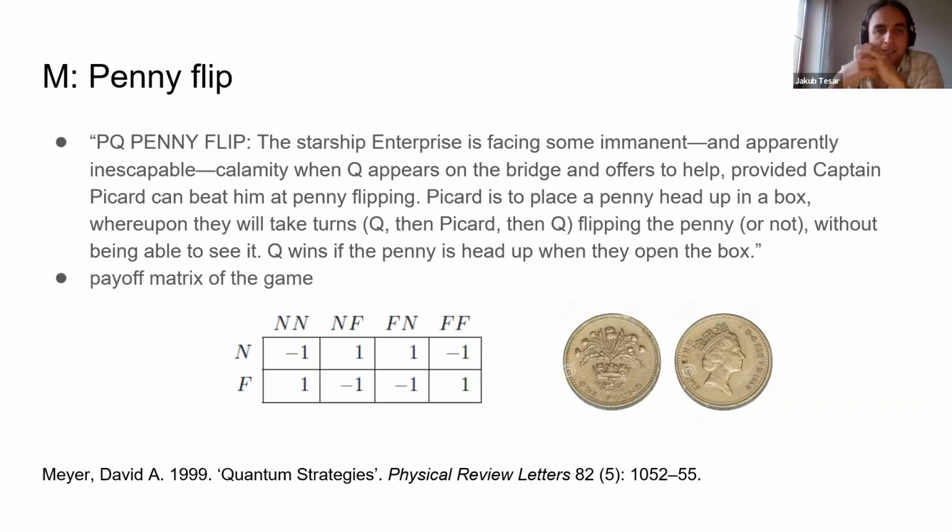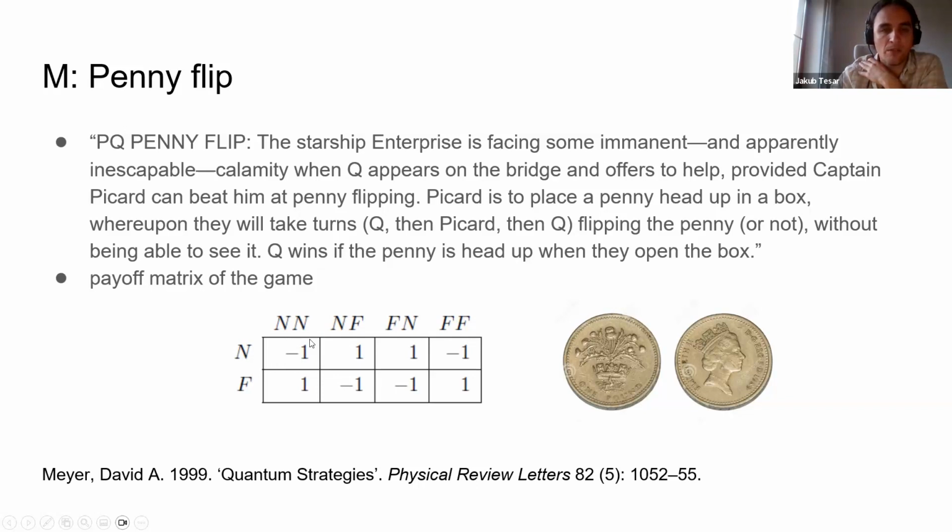Classically, how we would understand the game is we would construct this payoff matrix. Picard has only one move in the game, so Q has 2 and Picard only 1. Picard can either not flip or flip, and Q can choose non-flip and non-flip, non-flip and flip, flip and non-flip, or flip and flip. Based on the combination of their actions, you will see the payoff from the game.